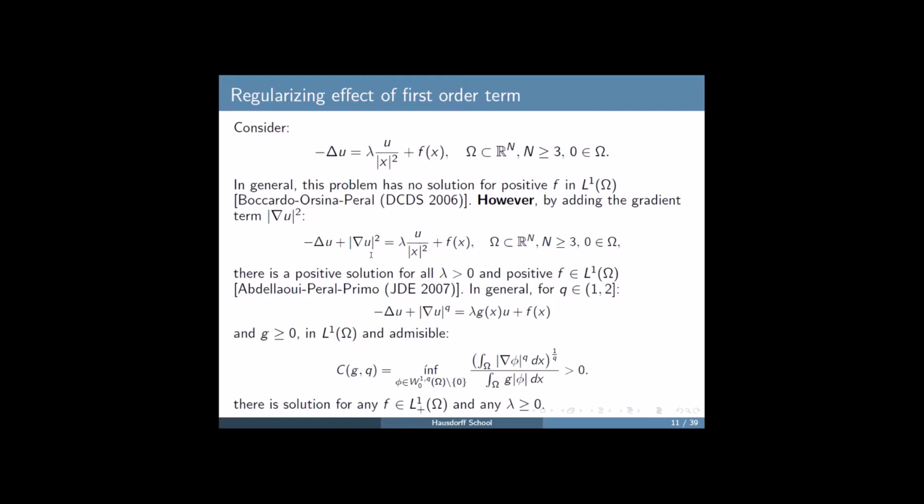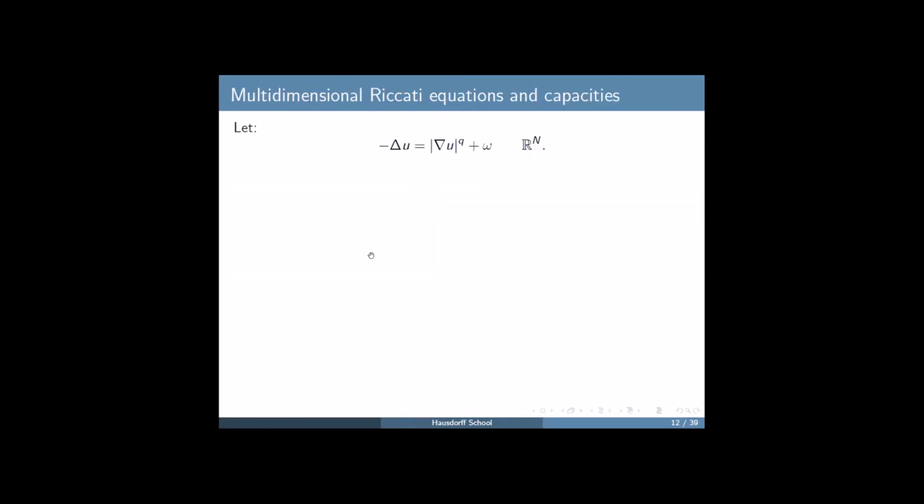Okay, so now let's go to the main model that we are going to discuss. First, I will discuss some results in the local frame, and then I will set the fractional model and the main results of the talk. So let's take first this local equation, where now we have a measure, and the equation is considered in Rn.